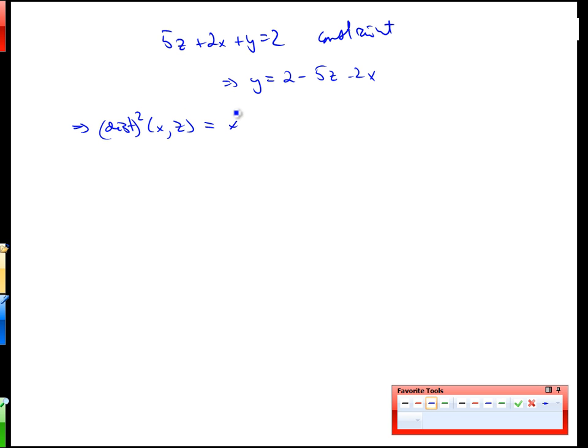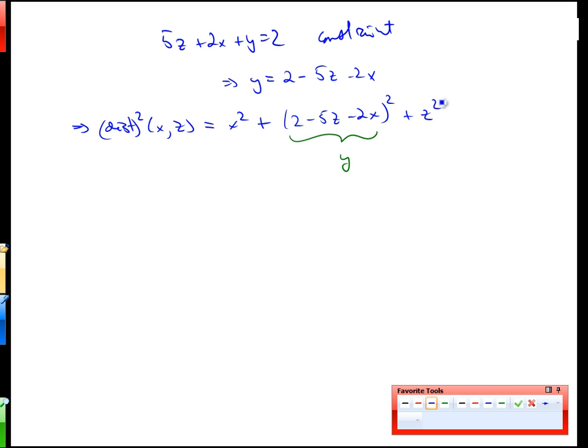It's going to be x squared plus y squared. Let's put that in here. 2 minus 5z minus 2x. All of that is our y value. We square that, and z squared.